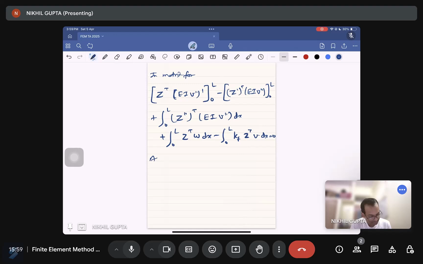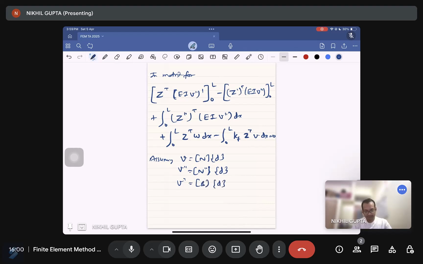Now assuming v equals N d, v'' equals N'' d, and v'' equals B d.